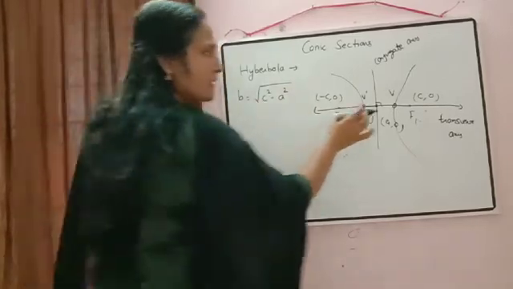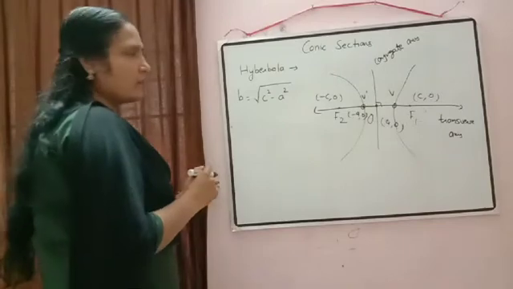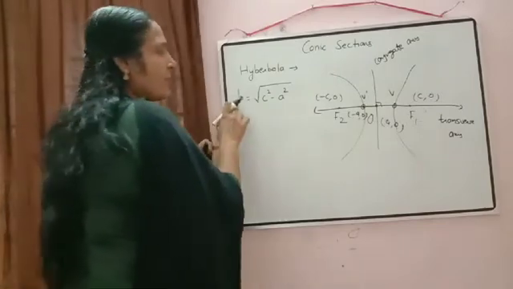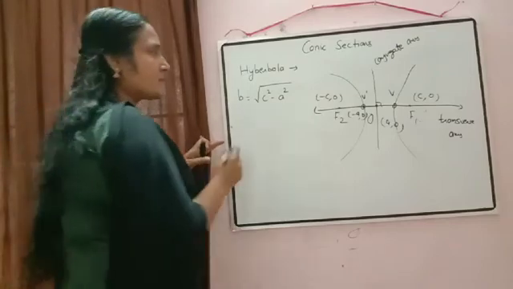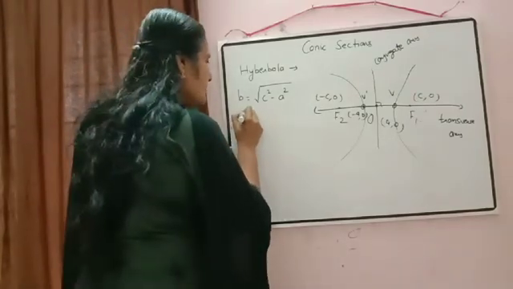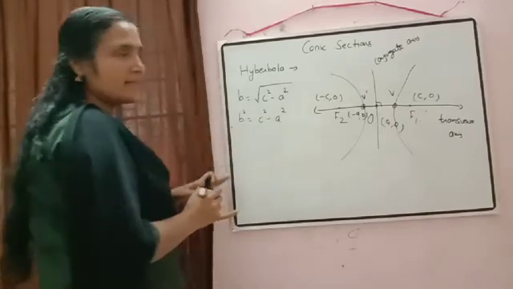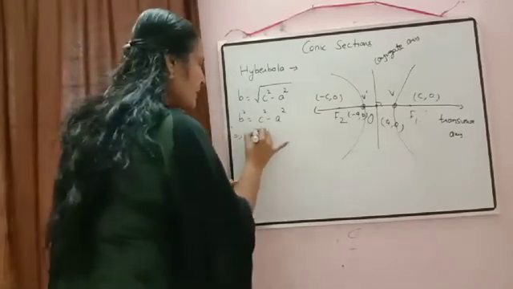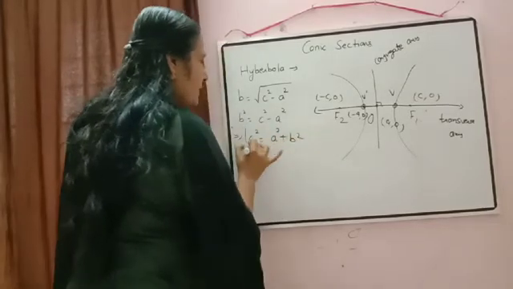Here you can check the length of c will be greater than the length of a. Now when you square both sides, you get b square is equal to c square minus a square, or you can rewrite it as c square is equal to a square plus b square.